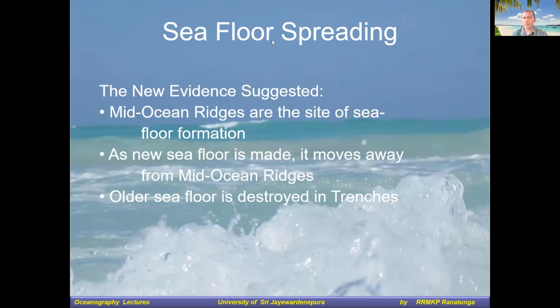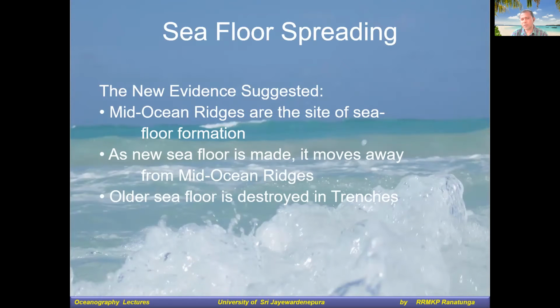So ocean floor spreading, or the new ocean floor formation, and always the old ocean floor is consumed in the trenches, again at the convergent plate boundaries.